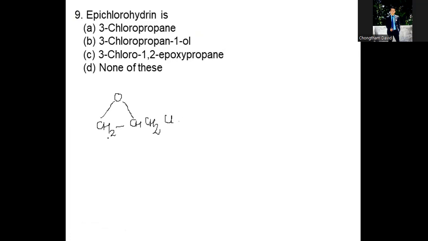So when you start naming, you go from this carbon 1, 2, 3. How to name this?